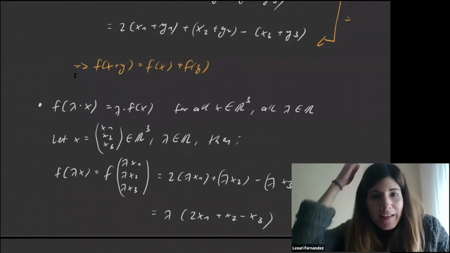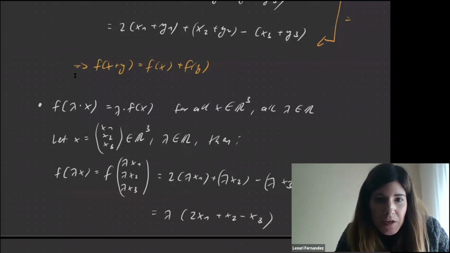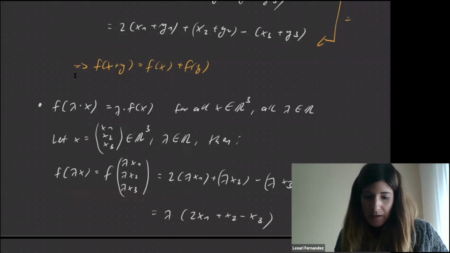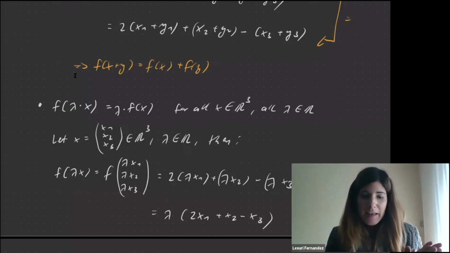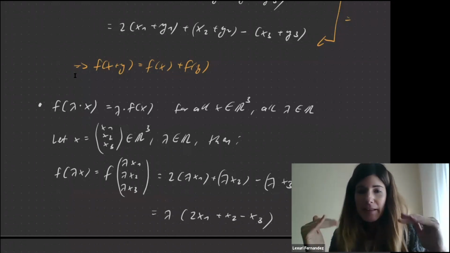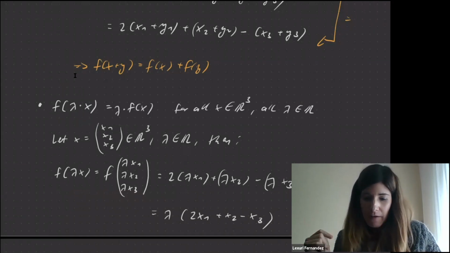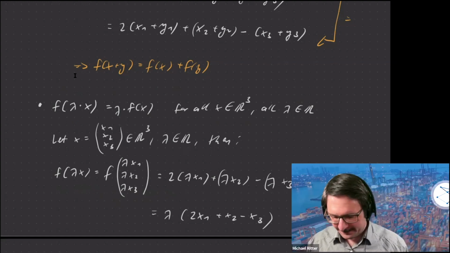Okay, then there is another question: whether it could be possible to do the whole thing instead of taking first the sum and then the multiplication by a constant, so taking f of lambda x plus mu y being the same as lambda f of x plus mu f of y. Mm-hmm.